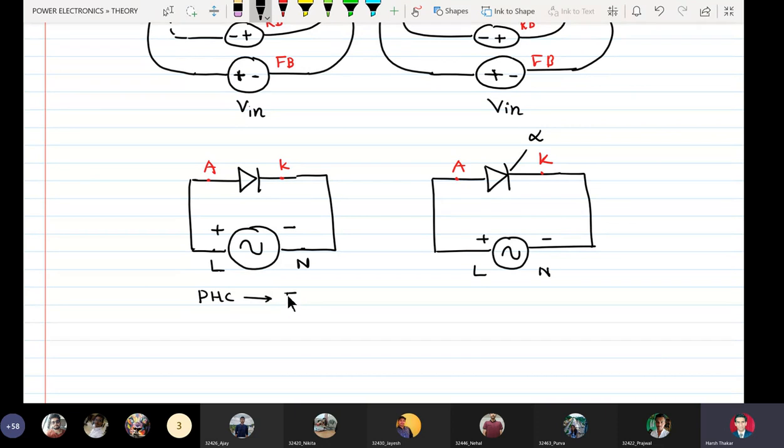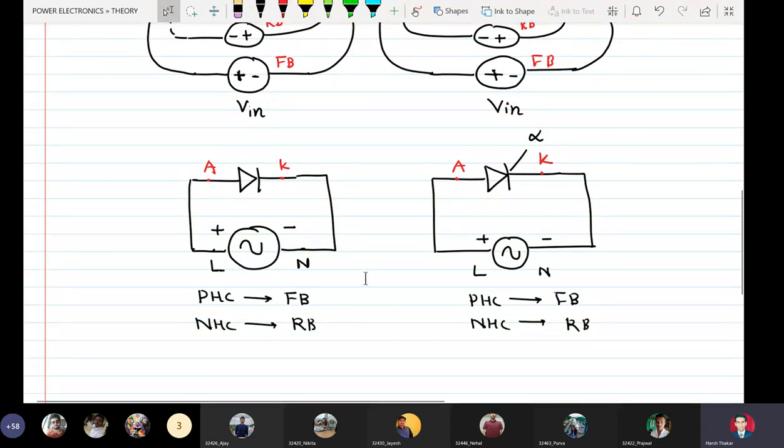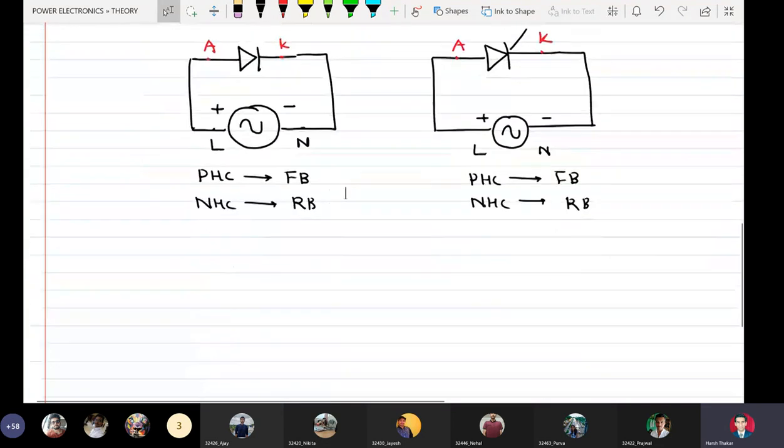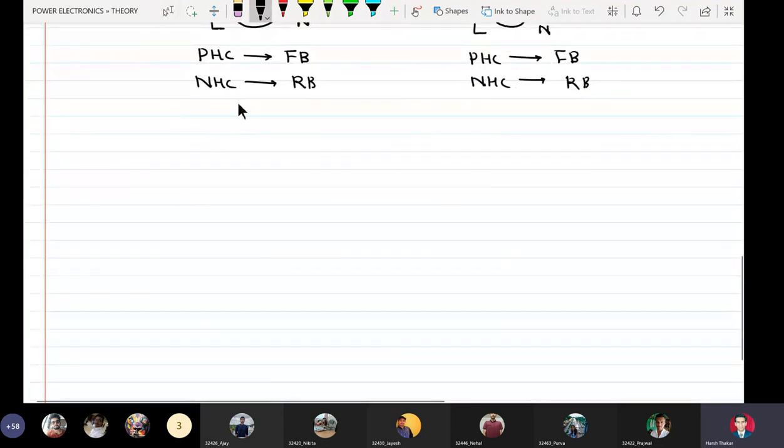Positive half cycle will forward bias the diode, negative half cycle will reverse bias. Okay, fine. This has been our understanding till now of forward and reverse bias. Now I will draw a circuit and you have to tell me whether it is forward or reverse bias.